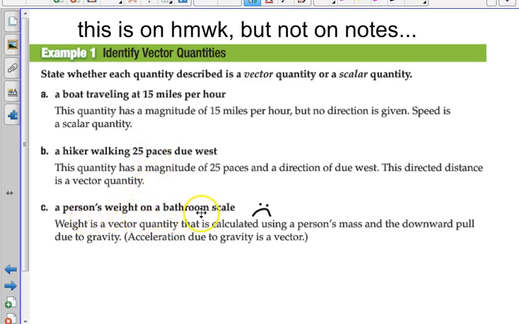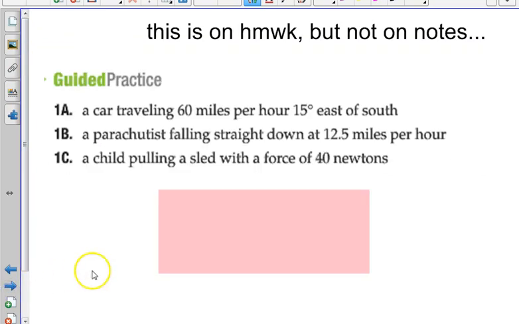A person's weight on a bathroom scale. That's a tricky one that we always think doesn't have a direction, but anytime you measure weight, it's a result of gravity down. So this is considered a vector, okay? And I wouldn't ask you that on a quiz.